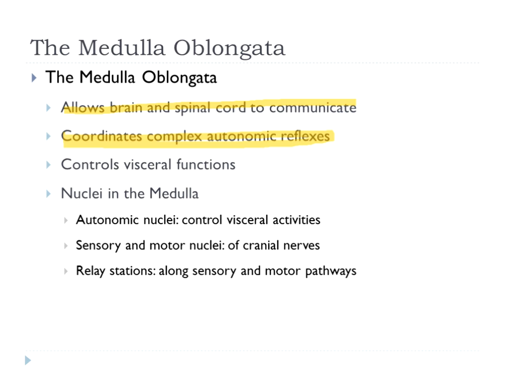So keeping in mind that the medulla oblongata is responsible for the coordination and communication between the brain and the spinal cord, it would make sense that it has tracts for sensory information to come in via the afferent system, and it relays that information to the other parts of the brain.